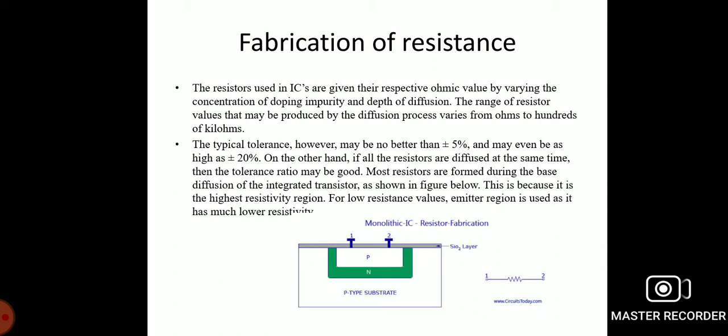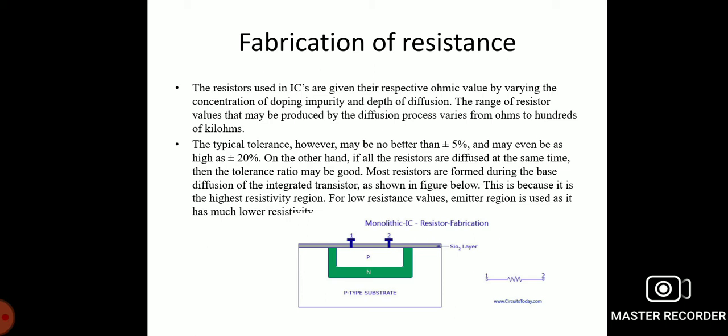Now the last one is the method of thin film resistor. The thin film deposition technique can also be used for the fabrication of monolithic resistors. A very thin metallic film of thickness less than 1 micron is deposited on the silicon dioxide layer by the vapor deposition technique.